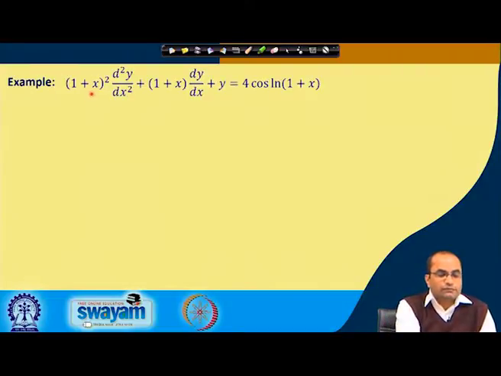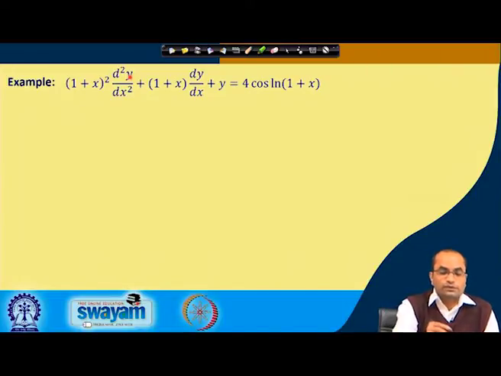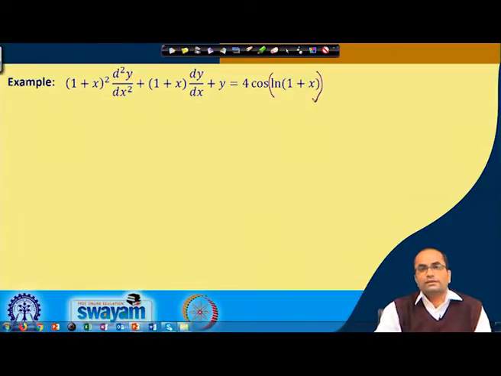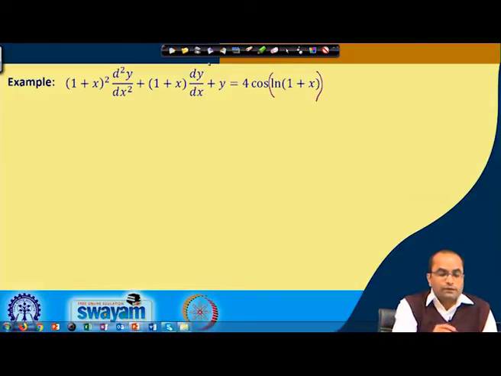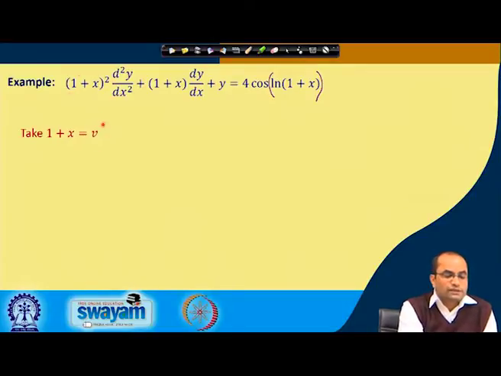We take (1 plus x) whole squared times the second order derivative, plus (1 plus x) times the first order derivative, plus y, equal to 4 cos of log(1 plus x). Now, in general we have an ax plus b term here.